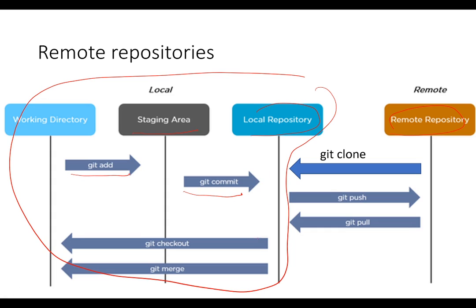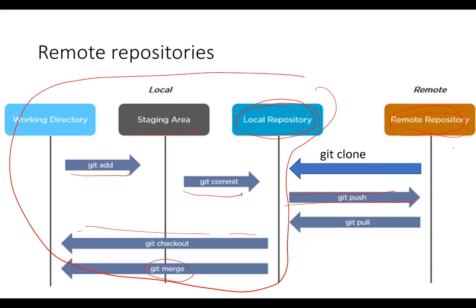At any time, we can check out a branch from the local repository and do some work. We can also use git merge to merge 2 branches. When we have done more work on the local repository, we can push it to the remote repository.